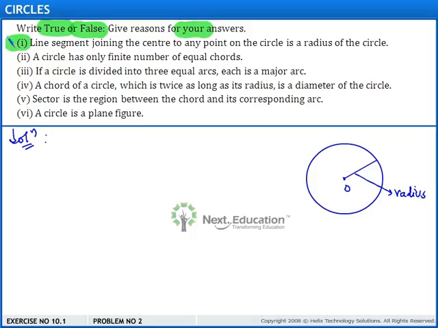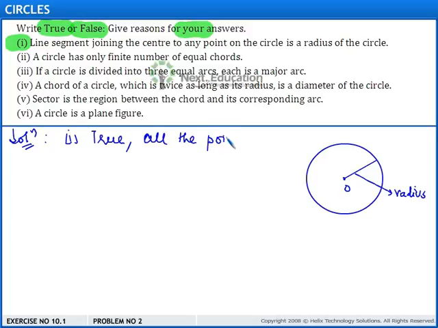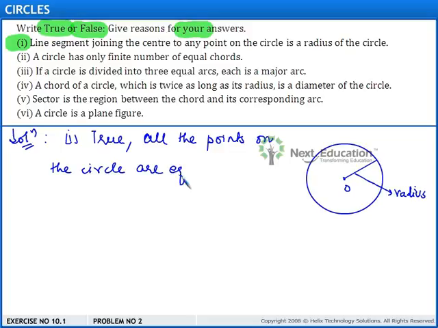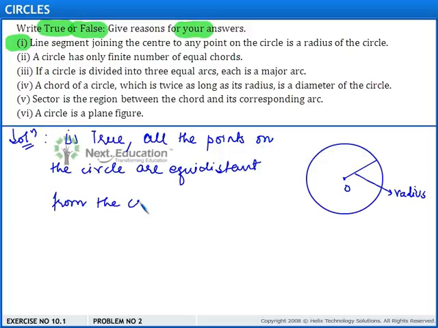Hence, the answer to the first part is true, and the reason is, since all the points on the circle are equidistant from the center. Therefore, the first statement is true that the line segment joining the center to any point on the circle is the radius. Now let's proceed on to the second part.